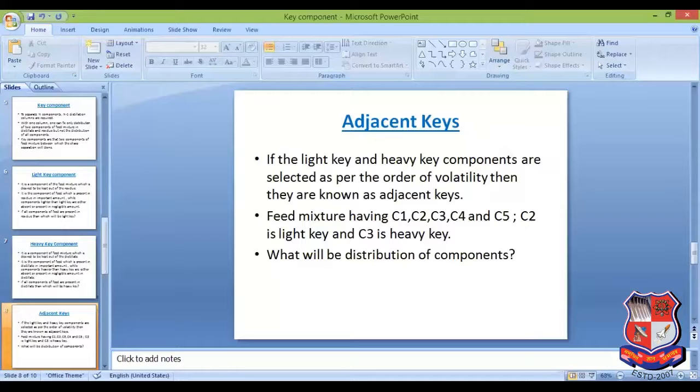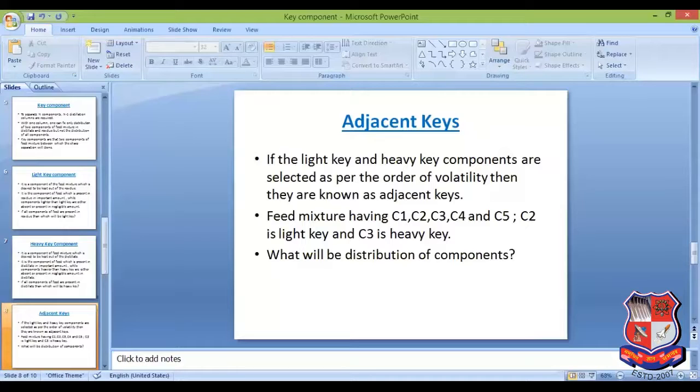So for that I have to look at the light key. My light key is C2. So the components which are lighter than light key should be absent in the residue. So C1 will not be there in residue. So C2, C3, C4 and C5 will be there in the residue. So now if you look, C2 and C3 are the components which will be there in significant amount in both distillate and residue, right?